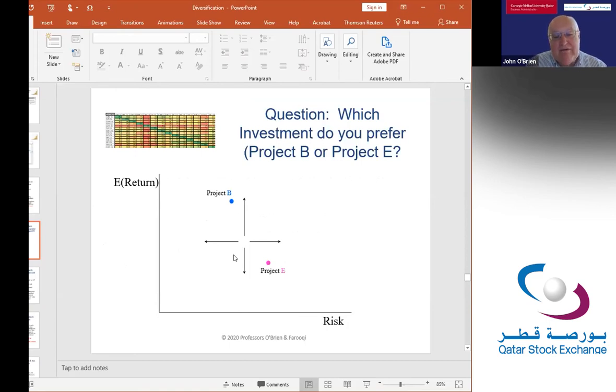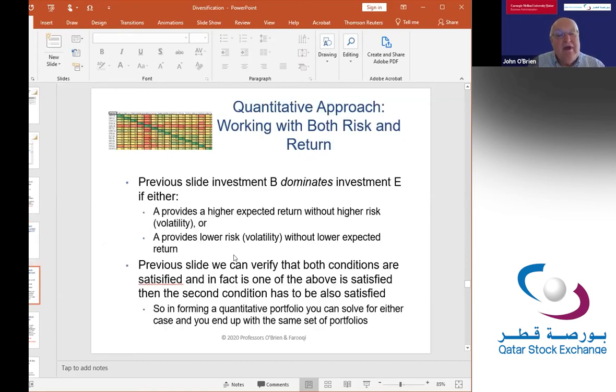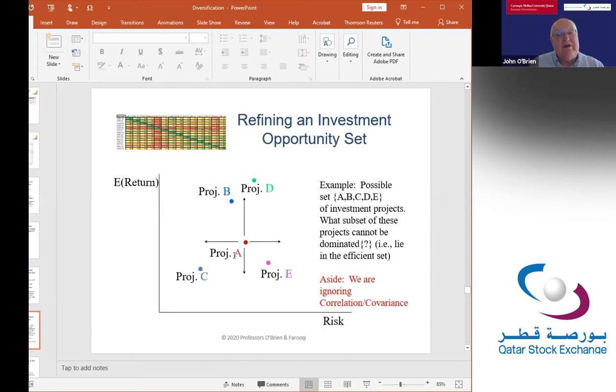Both of those are equivalent statements, and we can verify that both conditions exist. So for risk-averse investors, and I'm stressing risk-averse investors, B dominates E because it satisfies that.